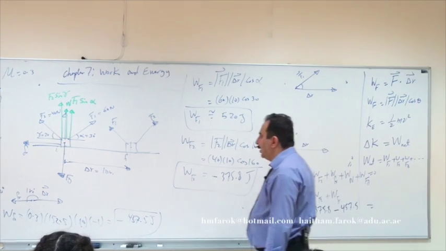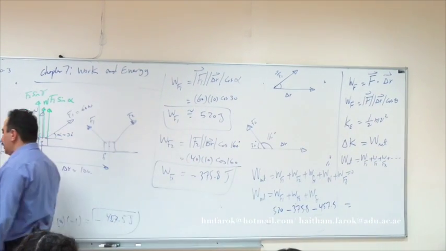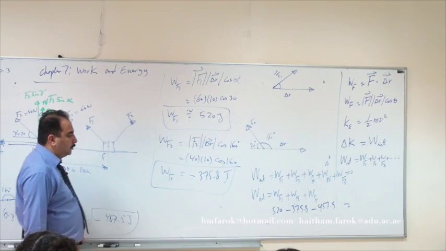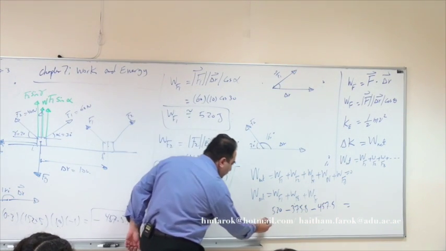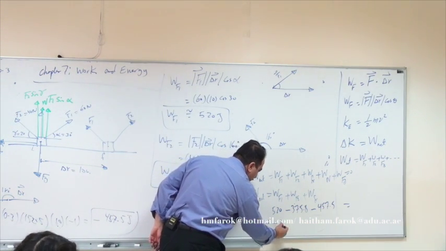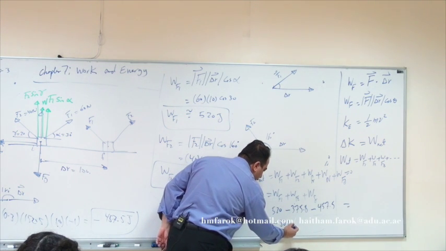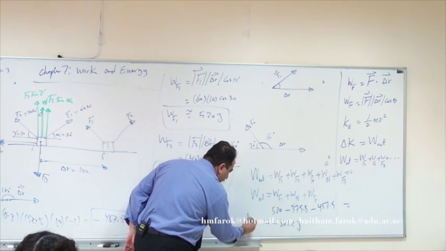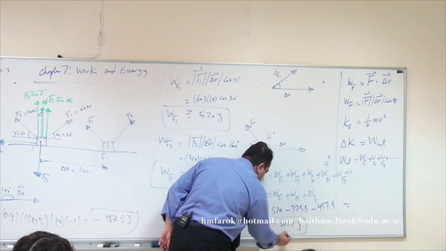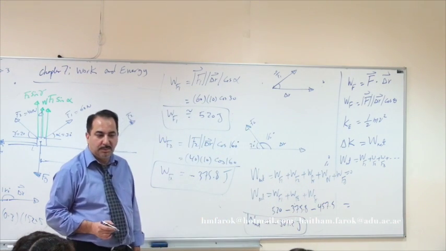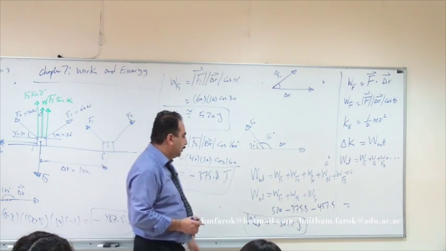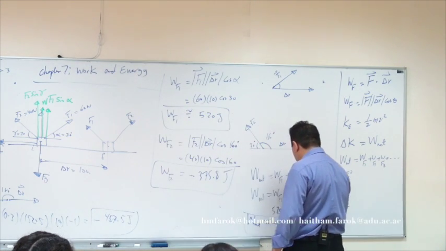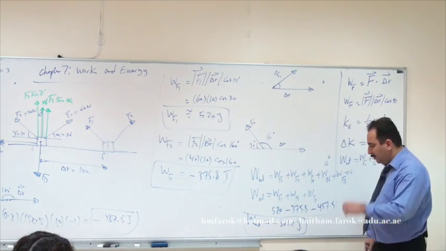It will be negative, about minus 331 joules. This is W net.